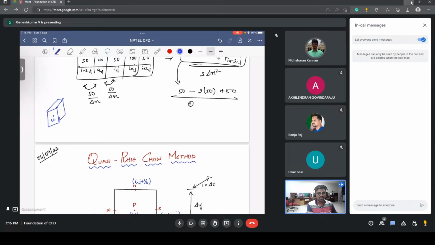The pressure distribution is not going to affect the temperature, or the temperature distribution is not going to affect the pressure, for an incompressible flow. There is no need for you to store temperature at the cell faces and pressure at the cell centers.